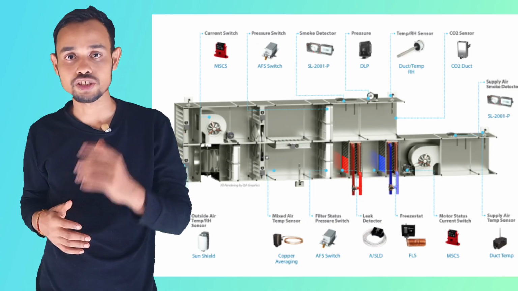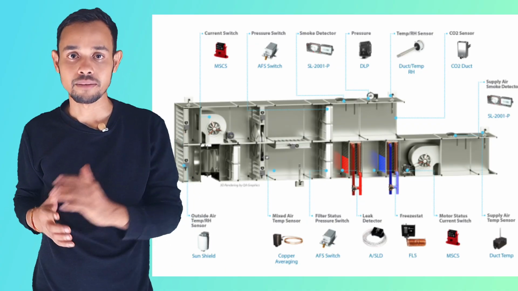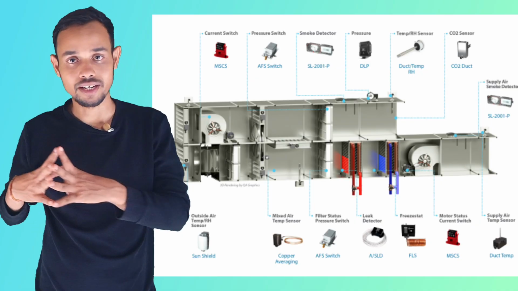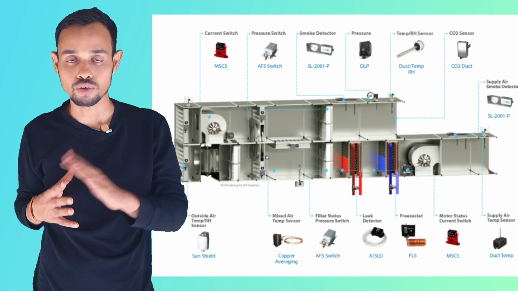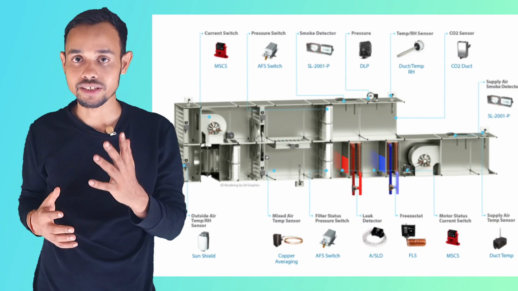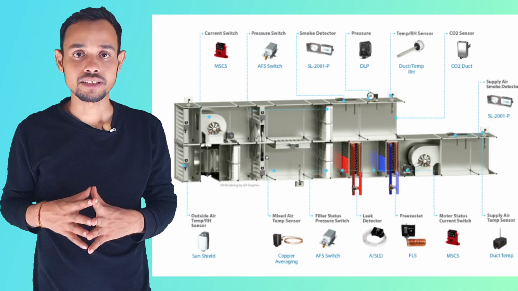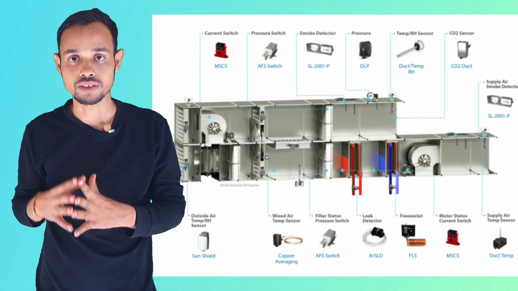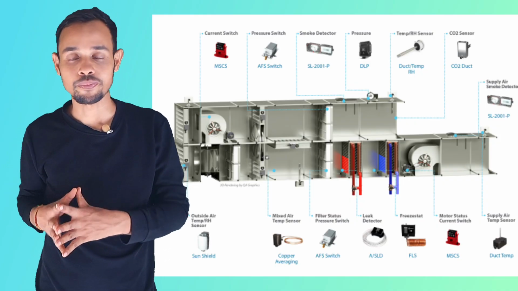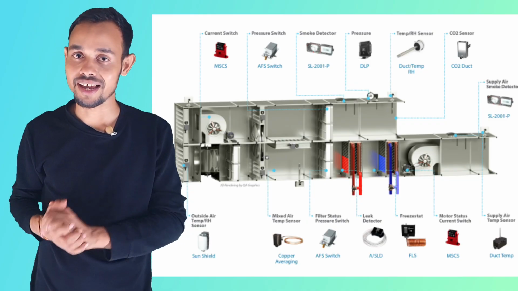Next is the outdoor air temperature sensor, which measures the temperature of the outside air for economizer control. And the mixed air temperature sensor measures the temperature of the mix of supply and return air. Okay, let's see an example of this sensor and its uses.